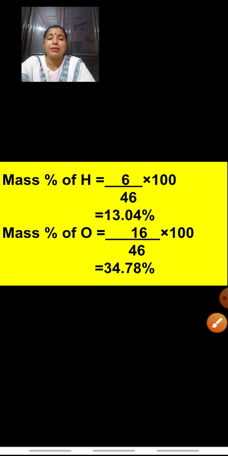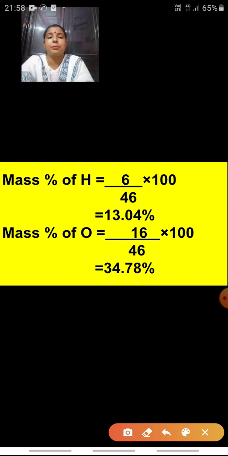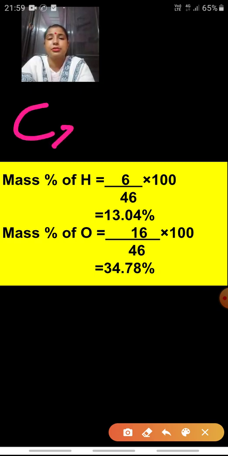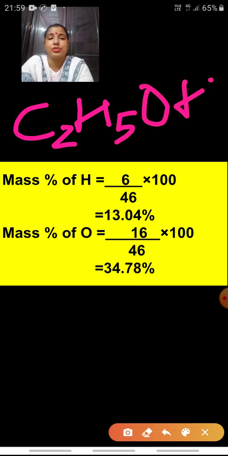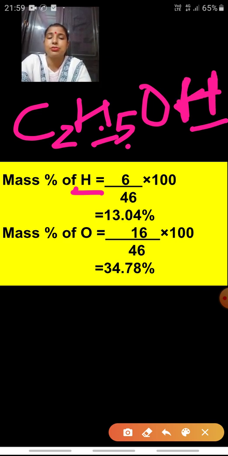Similarly, we now have to calculate the mass percent of hydrogen. The molecular formula of the compound was C2H5OH. Now, we are calculating for hydrogen. What is the mass of hydrogen present? The molar mass of hydrogen is 1, so 1 into 5 gives 5, plus this hydrogen, 1 into 1 gives 1.